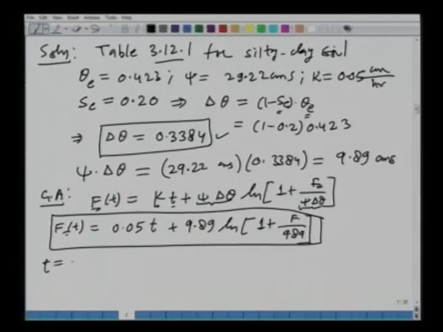Before we move on, at t equal to 0 hours, to get started, capital F is 0. Initially there is no infiltration, and small f is infinity. This is the trivial case. Then we look at the next case at t equal to 0.1 hour.